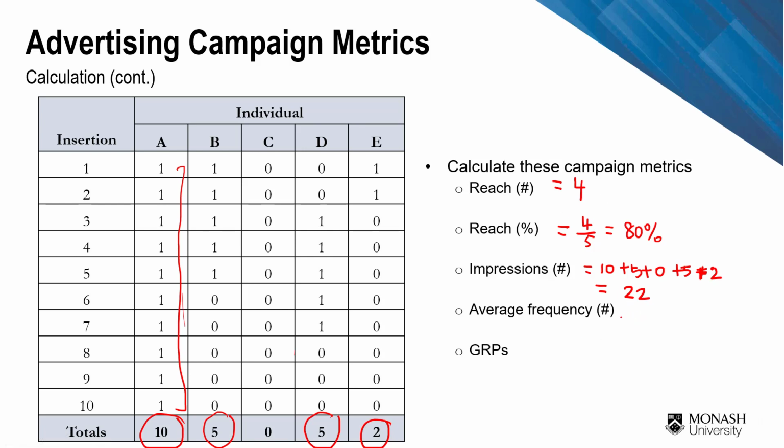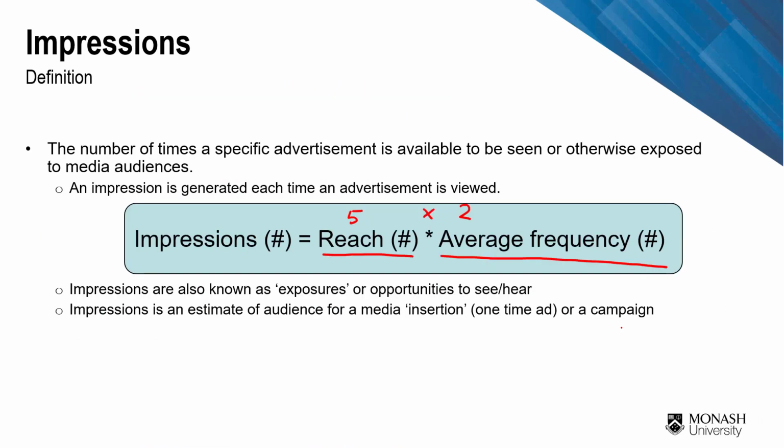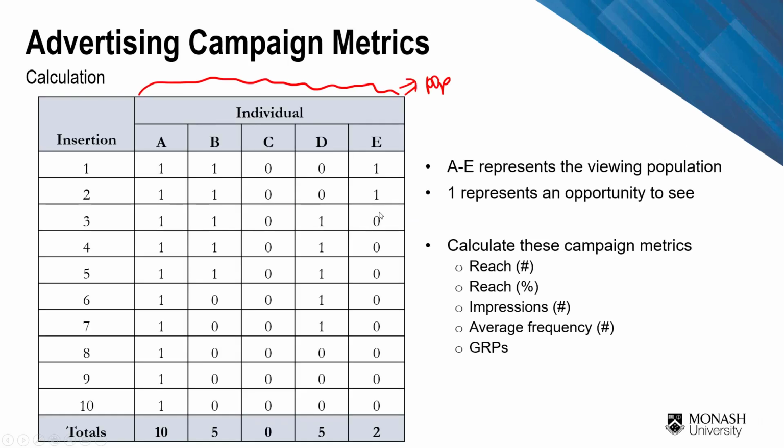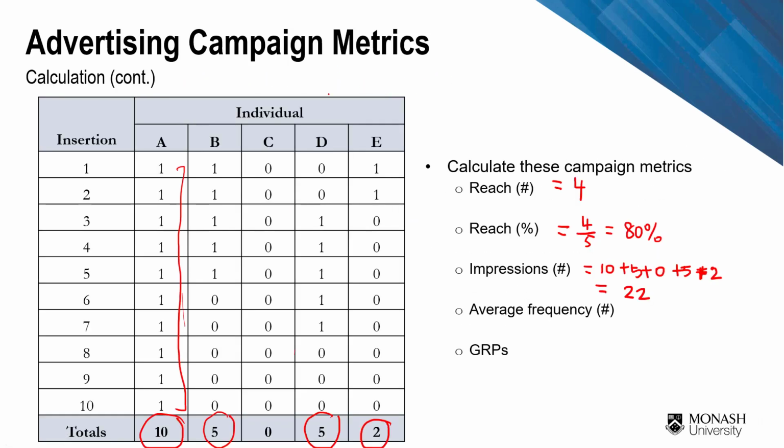Next is the average frequency. If you remember the formula for impression from a while back, impression is basically reach times average frequency. So we're just going to write that down. Impression equals reach times average frequency.